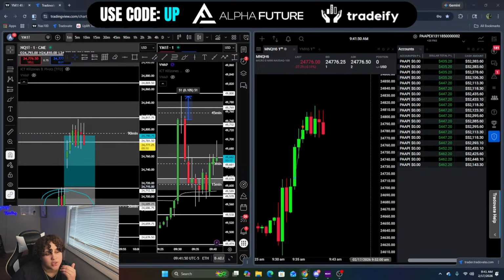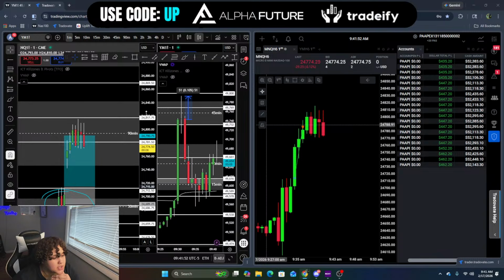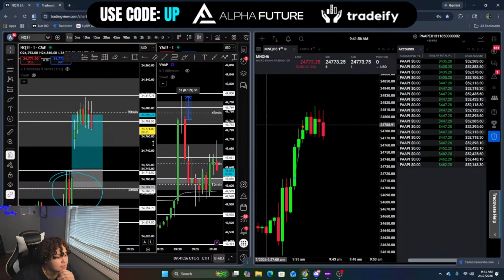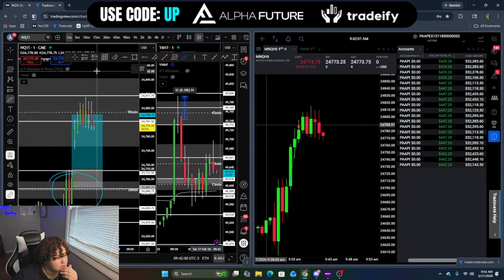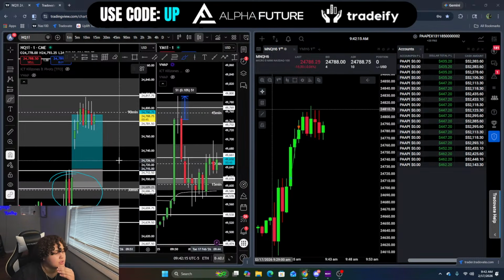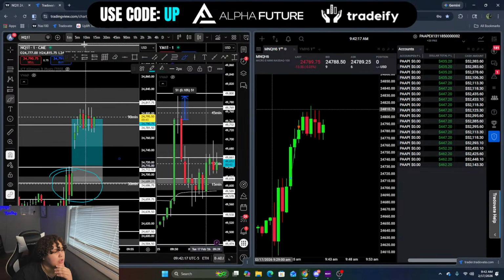Now it's just, are the longs going to continue or is it going to reject this 90-minute supply zone here? Which it looks like it is so far. Let's see. This is chopping around quite a bit.